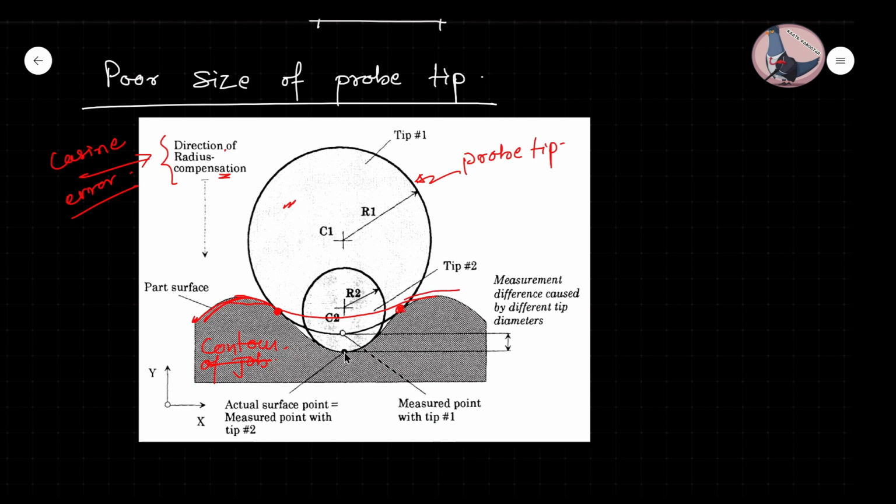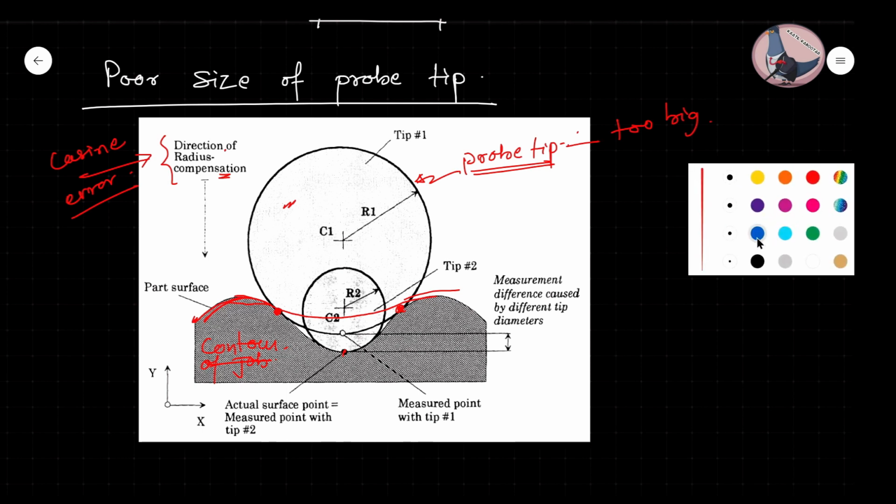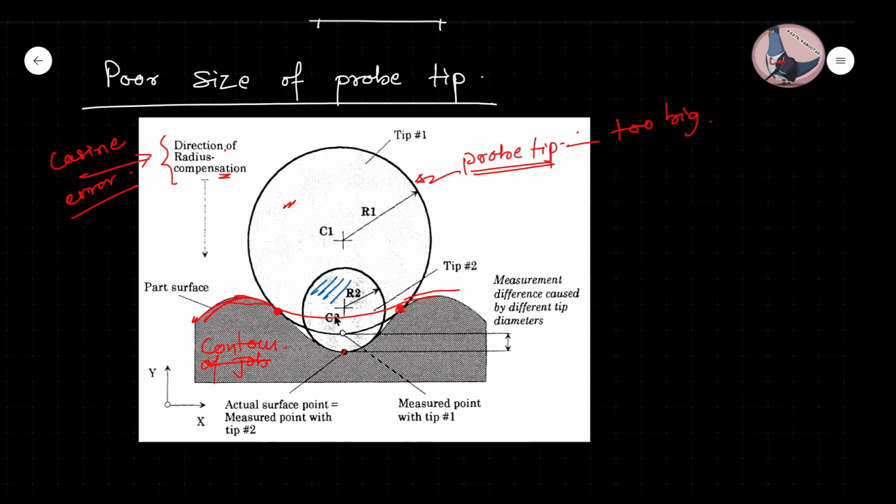It will not talk about this point. If this is the probe tip you choose, it is too big. Now, if you choose the one below, it will touch at one point and all the points very nicely, and you can get a very smooth type of curve. So now a question can be asked. This is the smaller probe tip.